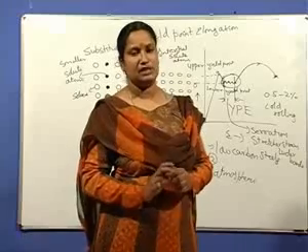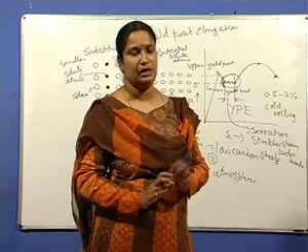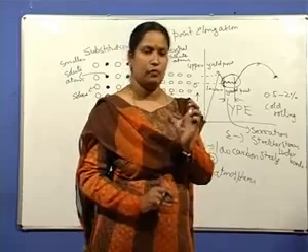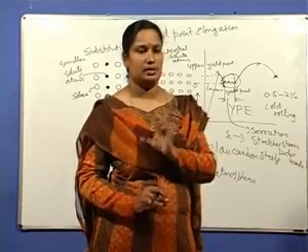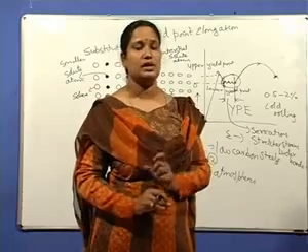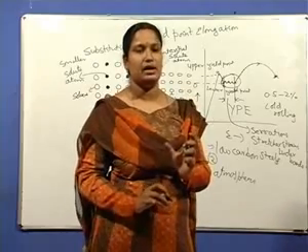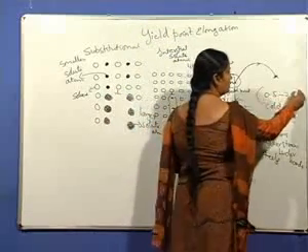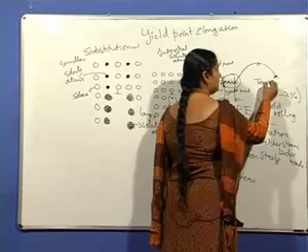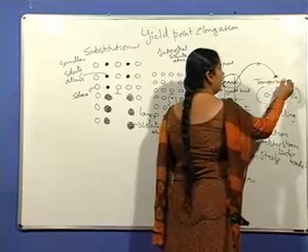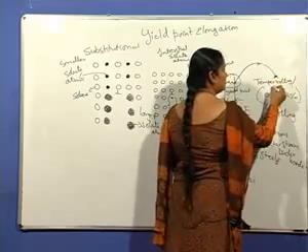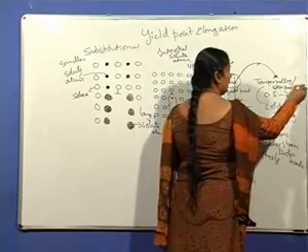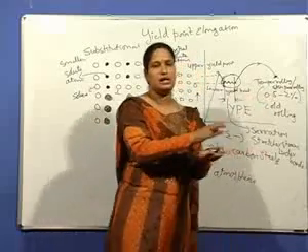So this yield point elongation can be eliminated by giving a very small amount of cold rolling, about 0.5 to 2% reduction. This rolling is also known as temper rolling or skin pass rolling, because the main aim is not to reduce the thickness of the sheet.